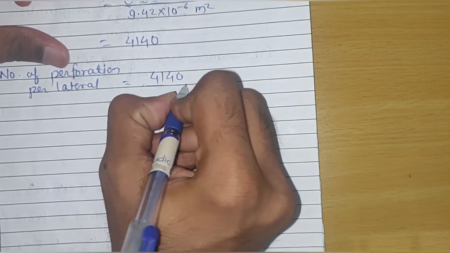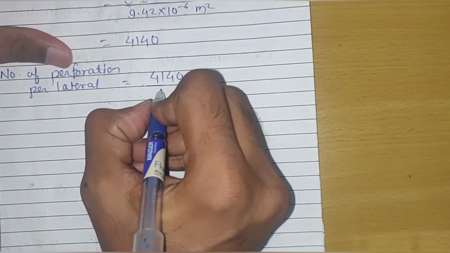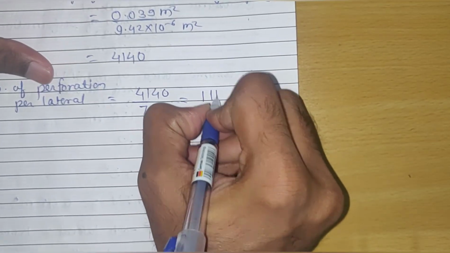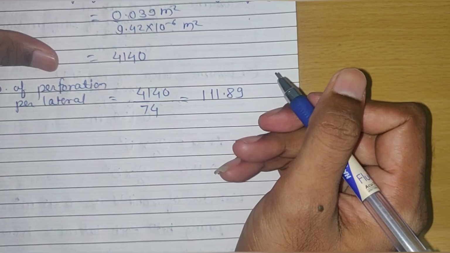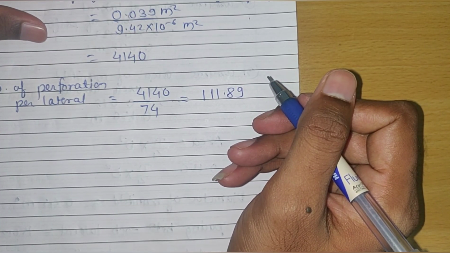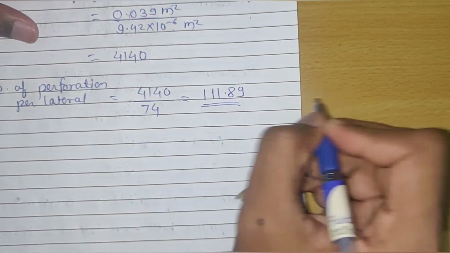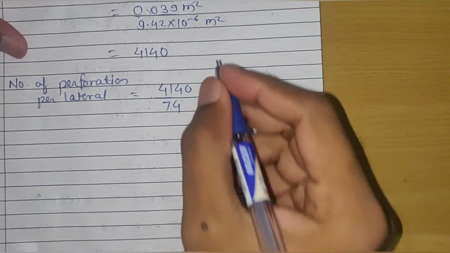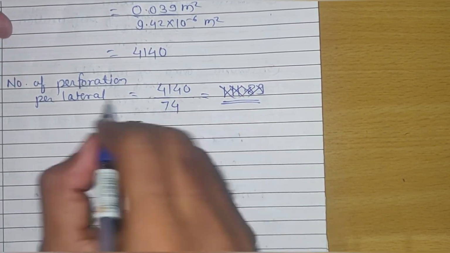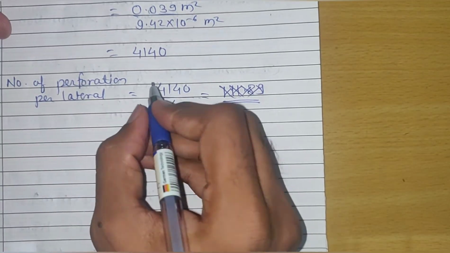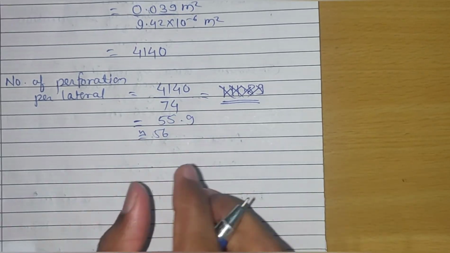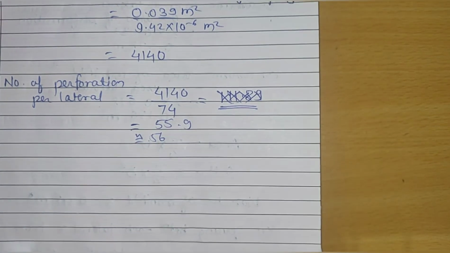The total number of perforations is 4140, divided by the total number of laterals, 74. Sorry, after dividing 4140 by 74, we will get the number of perforations per lateral as 55.9, that means 56. In one lateral there are 56 perforations.